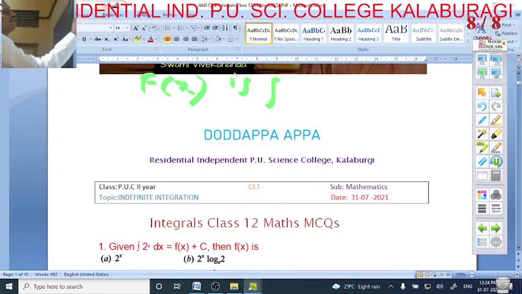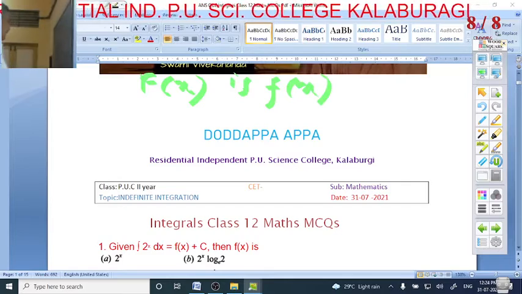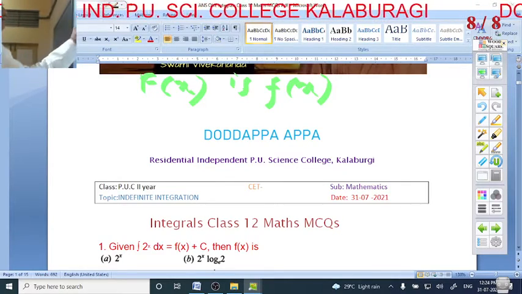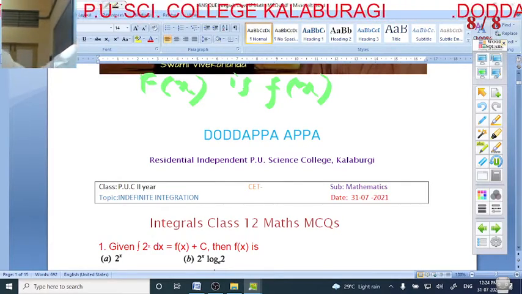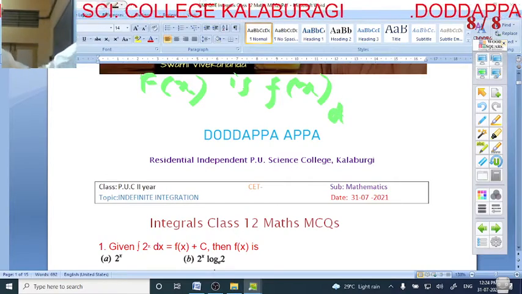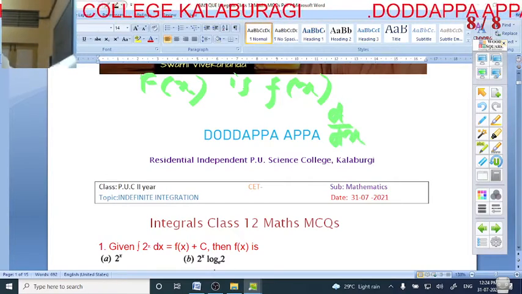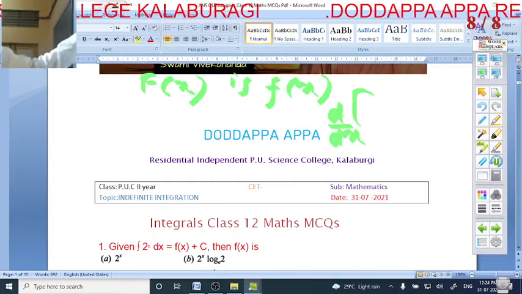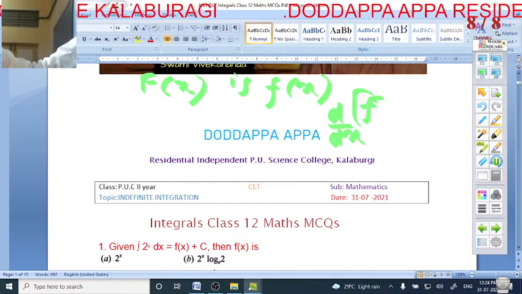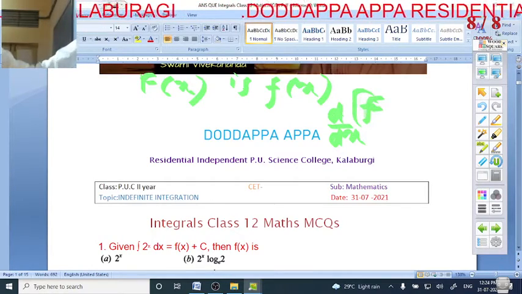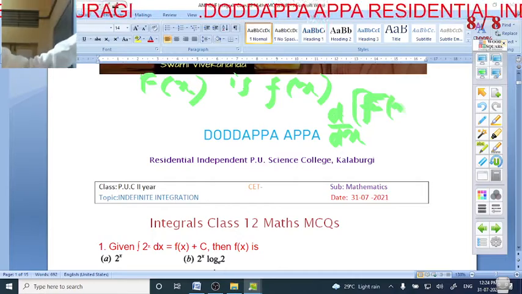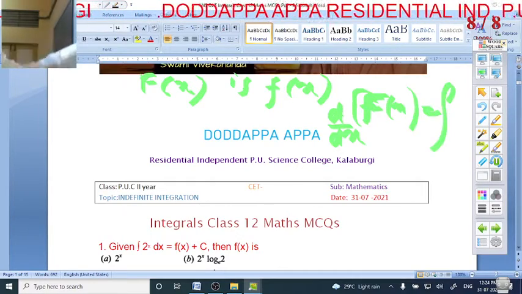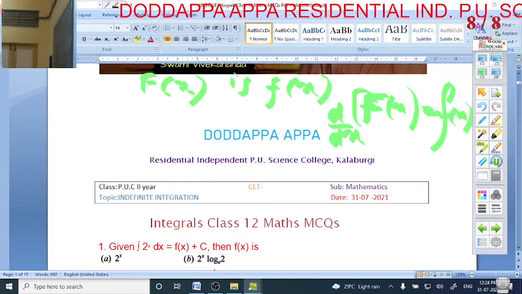is small f of x, then we are able to write d by dx of capital F of x is equal to small f of x. Yes.